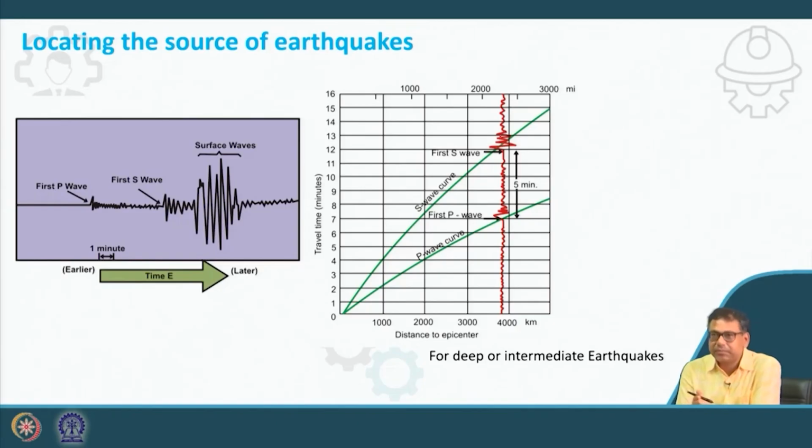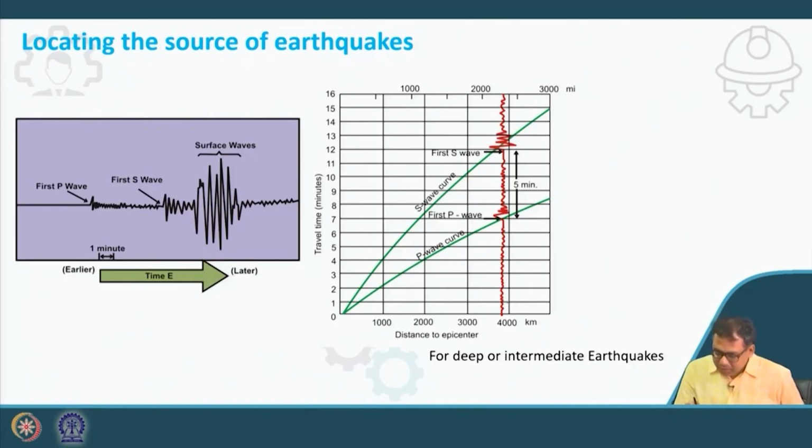If I shift this plot left to right, there will definitely be a position where this happens. That position will give me the location of that site from the epicenter. Clear? So this way I can determine the epicentral distance for the location where this seismograph is placed.